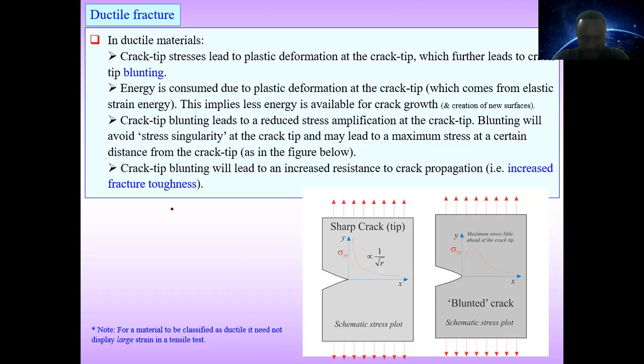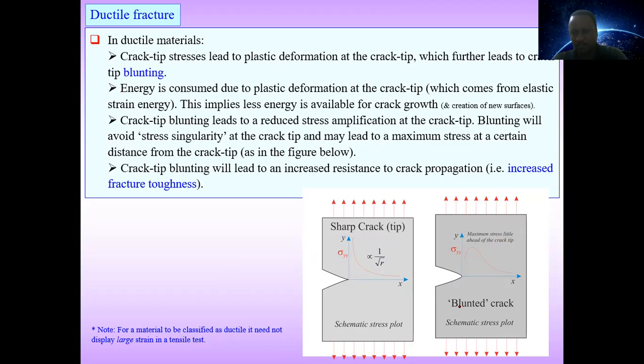So we can see here sigma yy for sharp crack tips. This is the sharp crack tip, as we see. As we move away from the crack tip, the stress decreases, which is a function of 1 over root R. When we come to the blunt tip, the maximum stress is a little ahead of the crack tip.